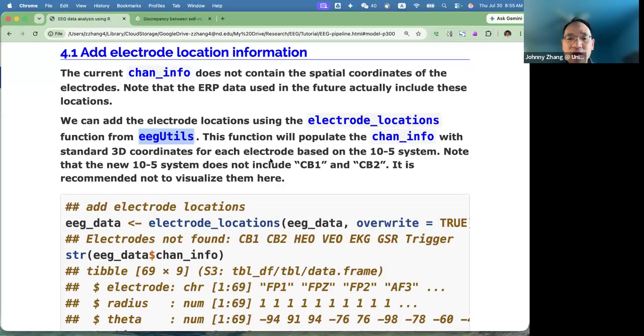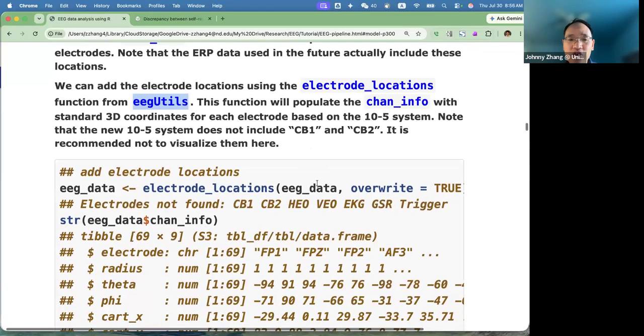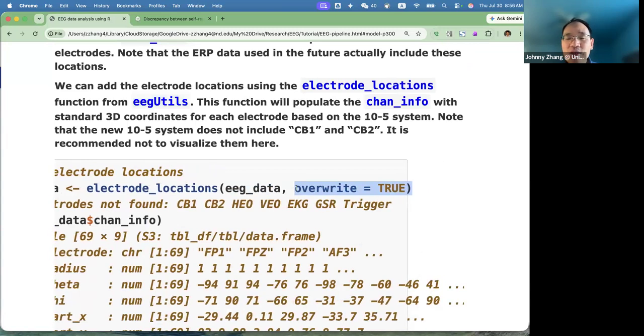This package saves the electrode locations of popular standardized systems. For example, to add the electrode information, we can just use this function, and then this is our EEG data. Override equal to true means we want to replace the existing information, because earlier we have NAs, so we want to replace that.